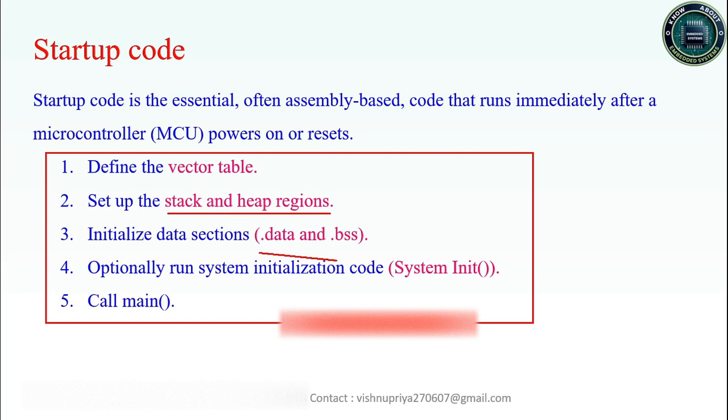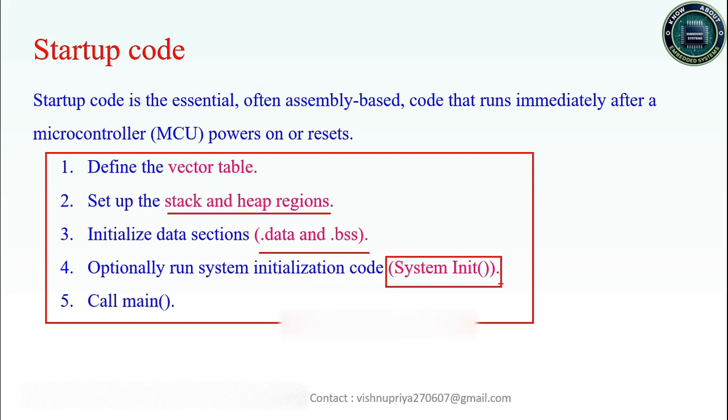The third important thing your startup code performs is initialization of the BSS and data segments of your RAM section. The fourth point is that if any system initialization is required, that will also be performed. So these are the major functions: vector table initialization, stack and heap regions, RAM initialization such as the data segment and BSS segment, and any required system initialization.